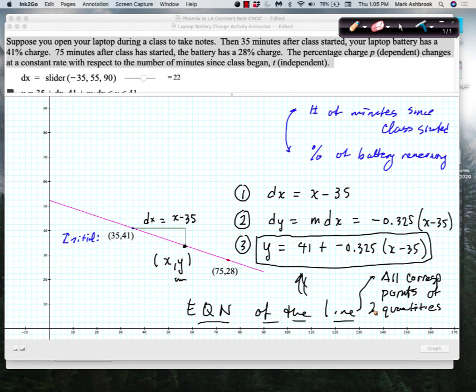It's talking about how x and y are in constant rate of change. In this case, the two quantities are number of minutes since class started and percent of battery remaining.